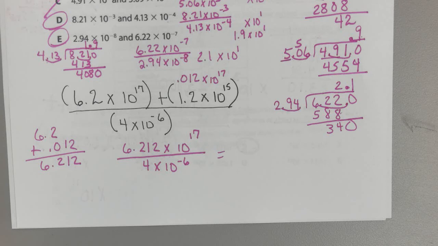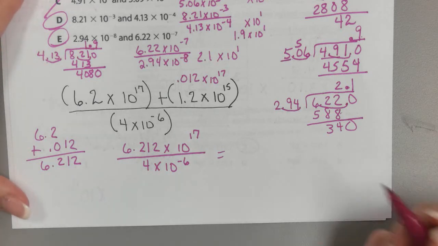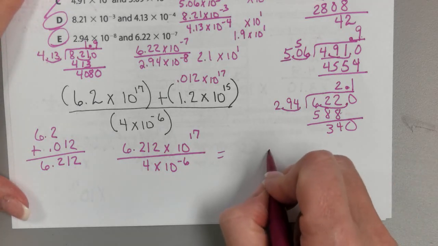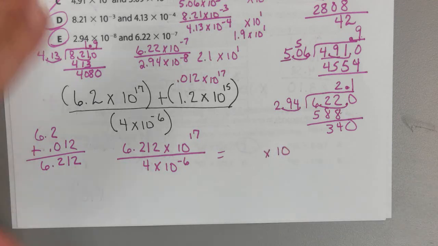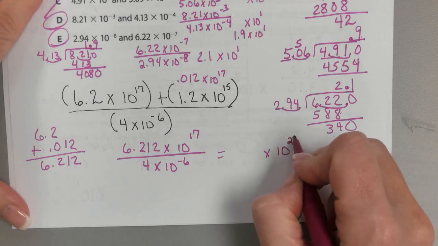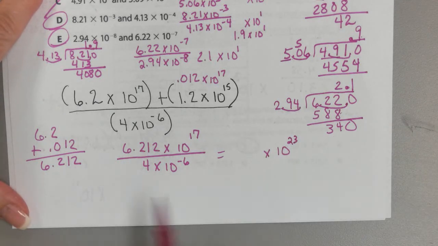And what is 17 minus negative 6? How much? 17 minus negative 6. 23. Because remember, minus a negative is the same as plus a positive. So 23. All right, so let's do the dividing.